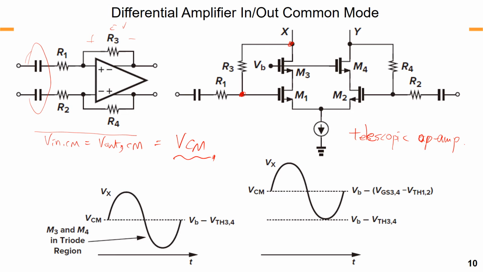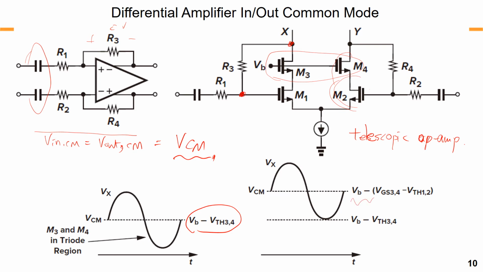The input common mode level can go to a minimum of VB minus VTH. If the input goes too low, the top cascode will go into the triode region, so that would be the limit. For the maximum common mode voltage, if you go up, the M2 input transistor will be pushed into the triode region.